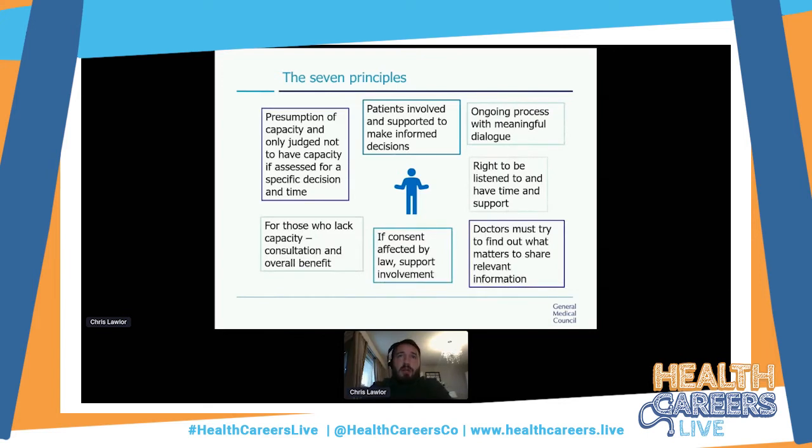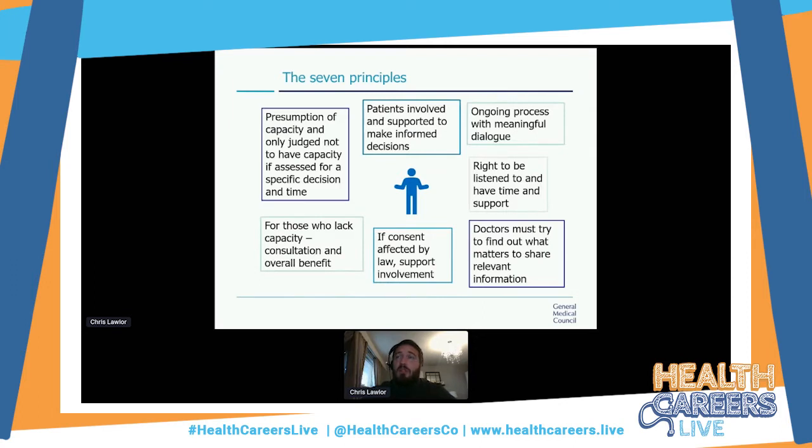If we start in the middle, a key point to the decision-making process is that patients must always be involved and supported to help them make informed decisions. And I think if we link that back to other careers in medicine, then that would link into those areas as well, that you need to ensure that your patients are always involved and supported in those decision-making processes.